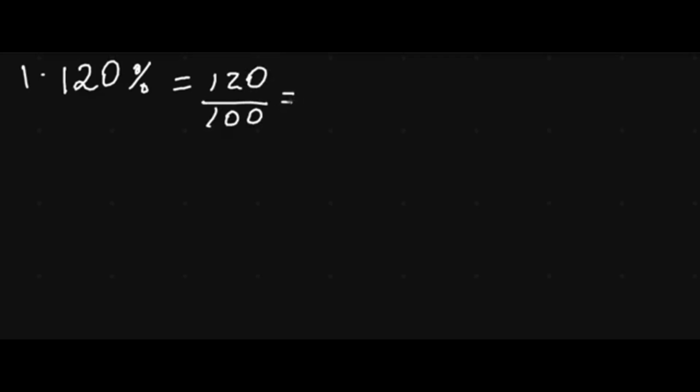The greatest common factor for this will be 20. So 20 multiplied by 6 is the same as 120, and 20 multiplied by 5 is 100. So we can easily cancel 20 by 20.